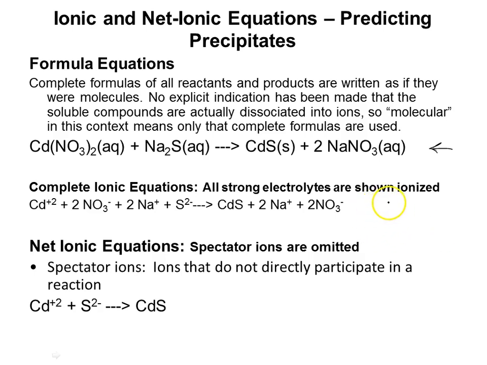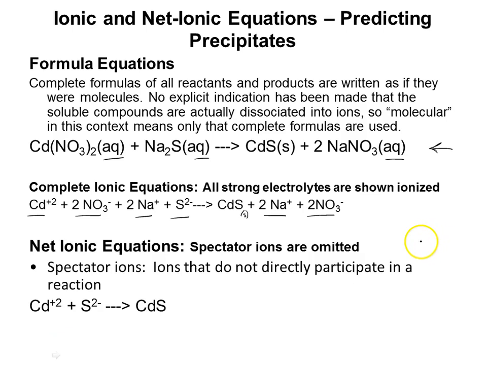Anything that is a strong electrolyte, in other words, anything listed as aqueous, you're going to ionize. You split it up into its cations and its anions. Anything that is solid, liquid, or gas, you're going to leave as one compound. Don't ionize those. The only things you're going to ionize are the aqueous solutions, so anything that's a strong electrolyte.